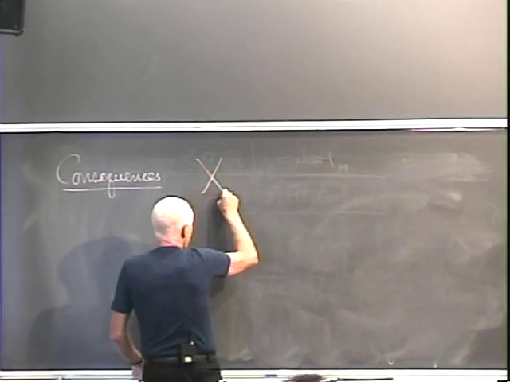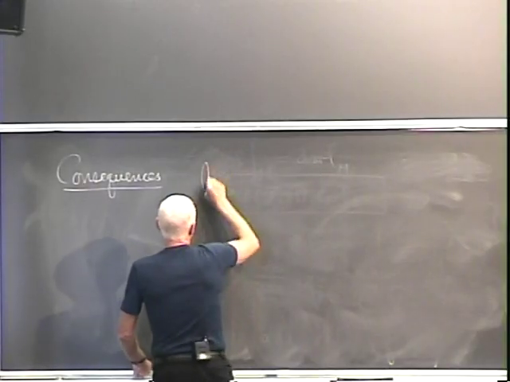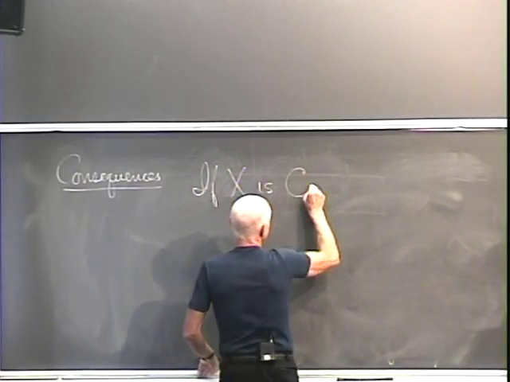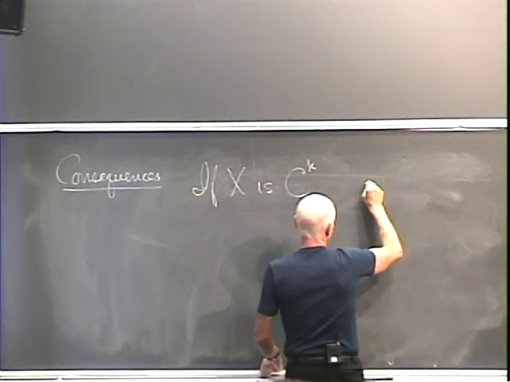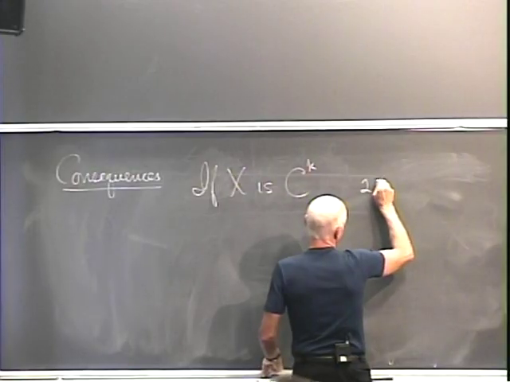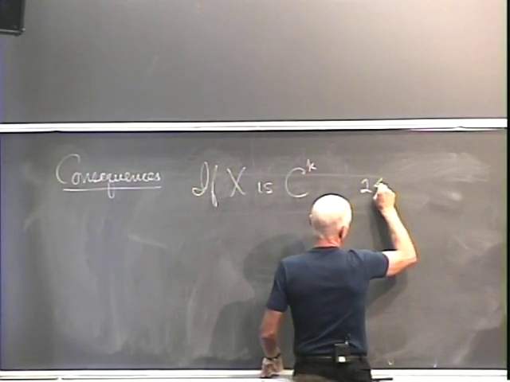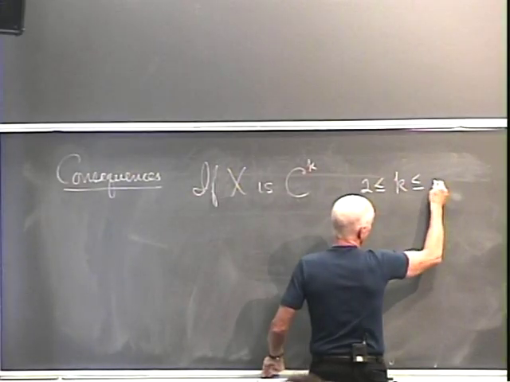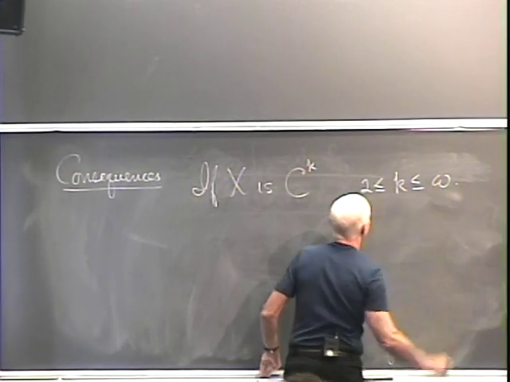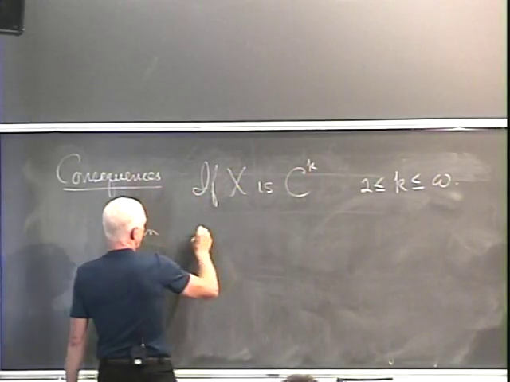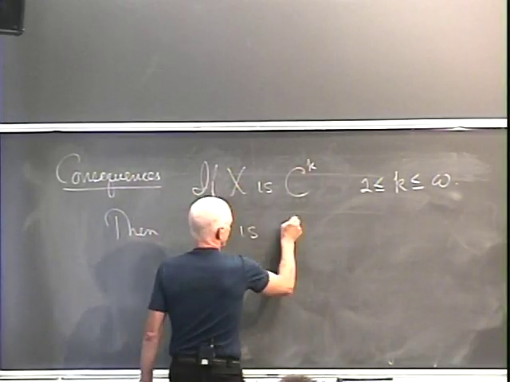if you know that X is a manifold of class CK, where K is anything with 2 less than or equal to K, it could be infinity or even real analytic, then M is CK.